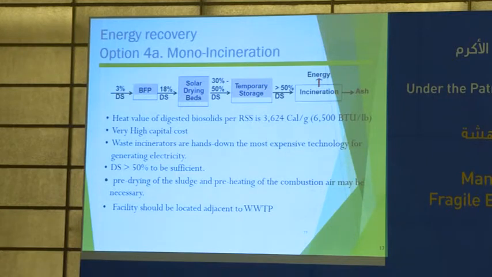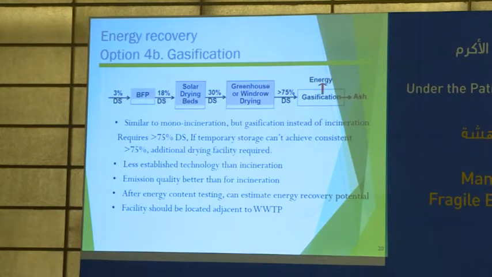In energy recovery, we have 2 technologies, either incinerator or gasification, but there is a main issue with this energy recovery. What is it? It is the dryness. You cannot use sludge with less than 50% dryness. You have to achieve around 70% dryness to get a larger amount of methane and to make the process more sufficient and efficient. And the incinerator or gasification facilities shall be located close to the wastewater treatment plant.